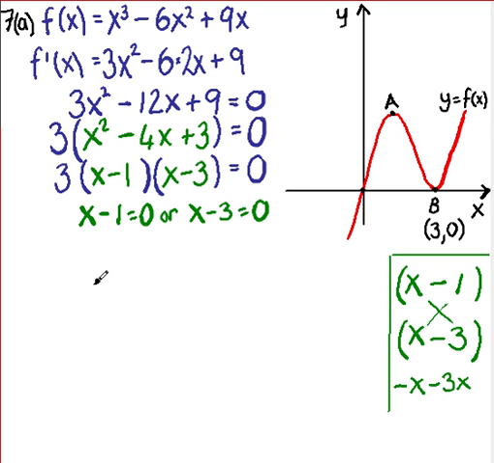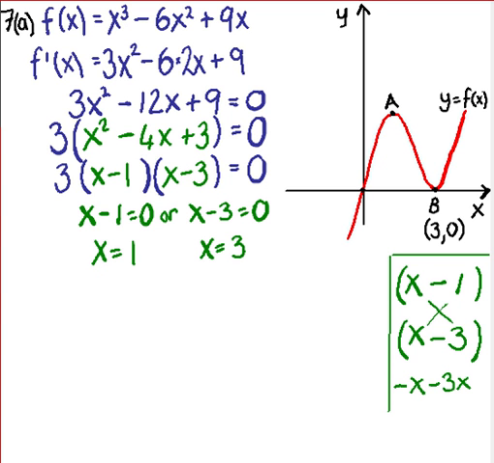That gives us x values. x minus 1 equals 0 gives us x equals 1. And x minus 3 equals 0 gives us x equals 3. So as expected, one of our x values was 3. That means that the other x value must be the x value for this turning point, point A.